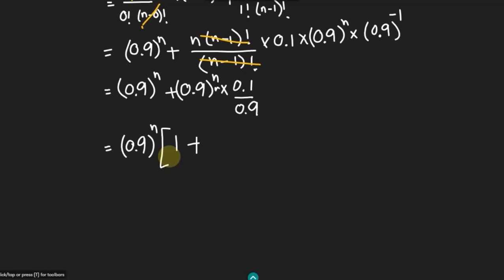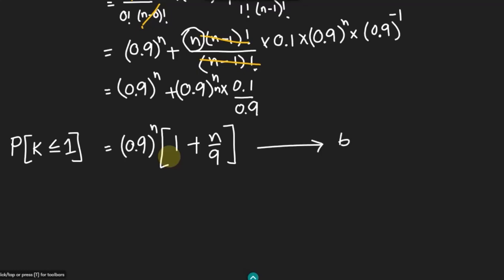Here I also have this n as well, so because of this n, I will get here n divided by 9. Okay, so this is the solution for the probability that k is less than or equal to 1. Let me call it equation B.